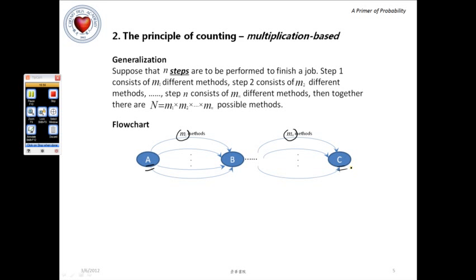That results in totally m1 times m2 times until mn possible methods.